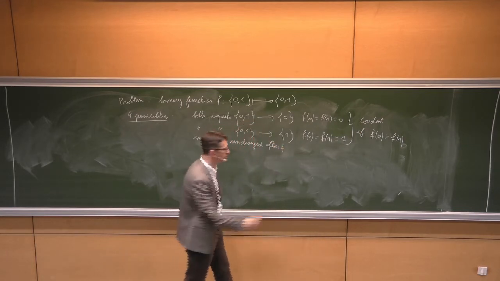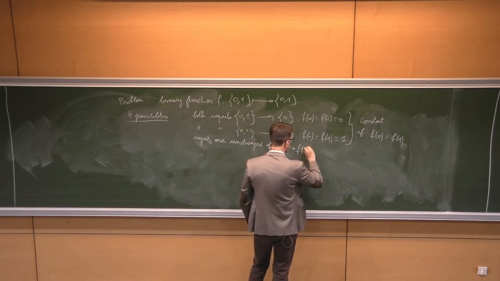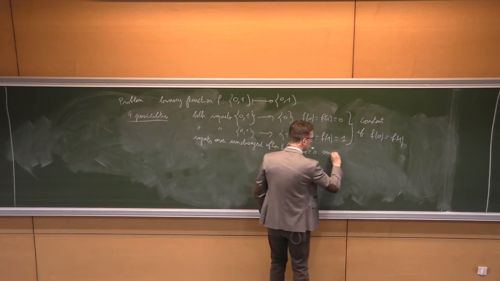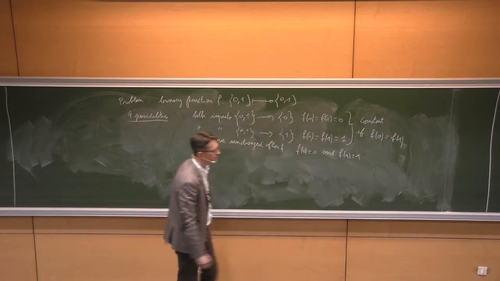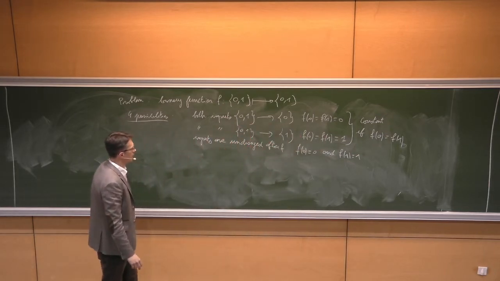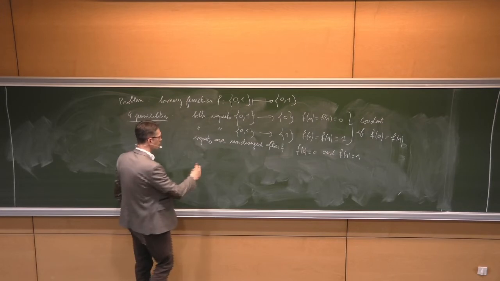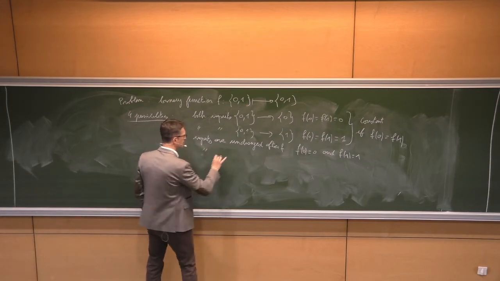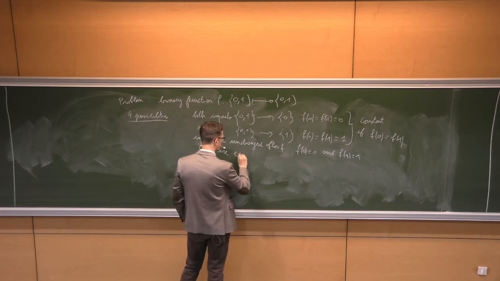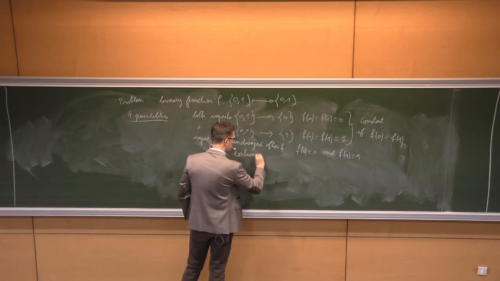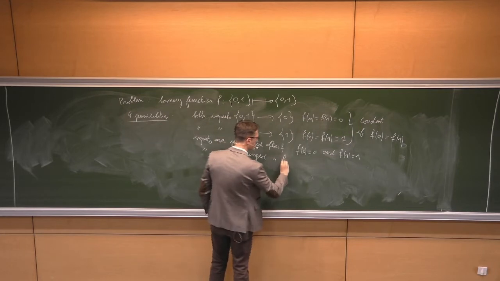That means that f0 equals 0 and f1 equals 1. Okay. So this is the third, and the fourth one is that the inputs are exchanged after f.